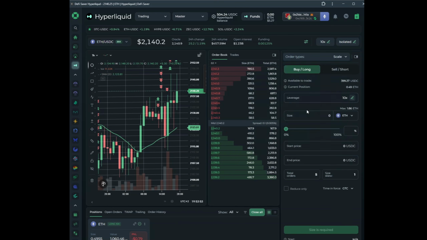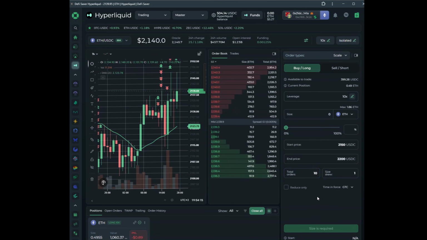Next up, we have scale orders, which is how you can maybe mitigate some slippage, because scale orders let you say, okay, I want to enter a long on ETH, but I want to enter it slowly from 2150 to 2200, and I want to split it across 10 different orders.